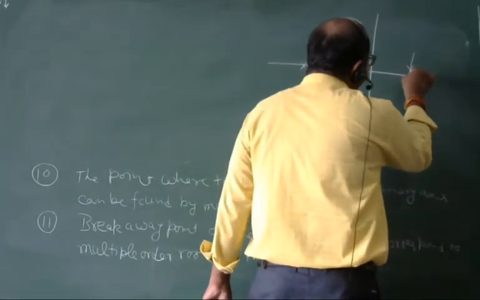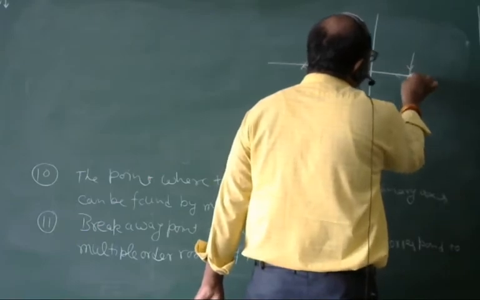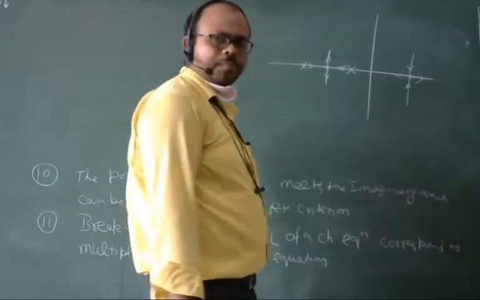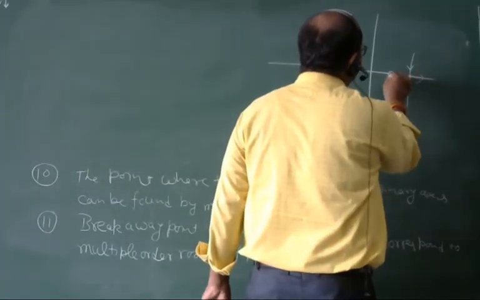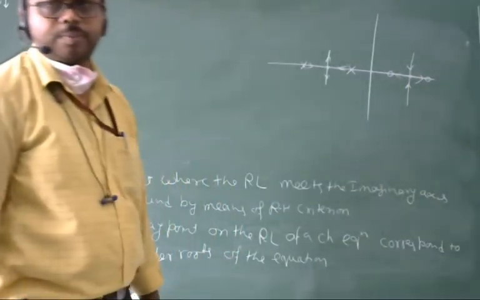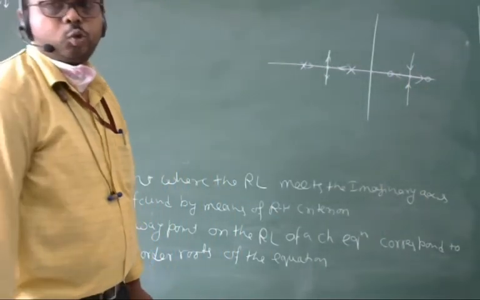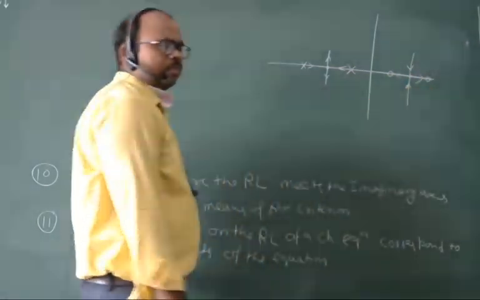After meeting here, one branch moves this side and one branch moves this side, and these two branches end up at two zeros.